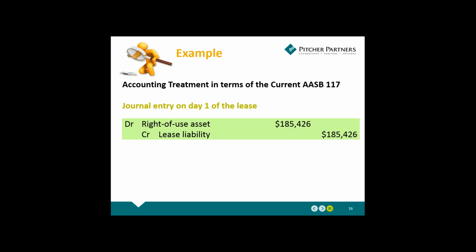So on day one, when we enter into the operating lease of this building for 3 years, we acknowledge that we've got an asset and it's a right of use asset. We've got the right to use this asset for the next 3 years. So we debit a right of use asset and we credit a lease liability with the net present value of the future lease installments. And we use our financial calculator or Excel to determine that.